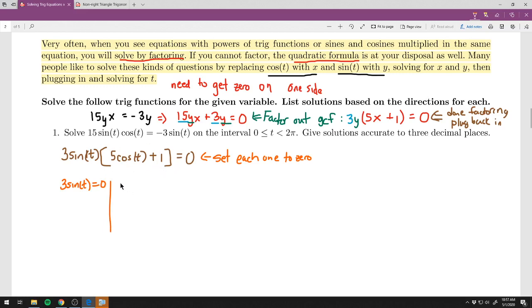And we have the stuff inside, 5 cosine of t plus 1 equals 0. And really the whole point here is now this becomes like 2 problems from section 2.3, and you know how to solve each of these.